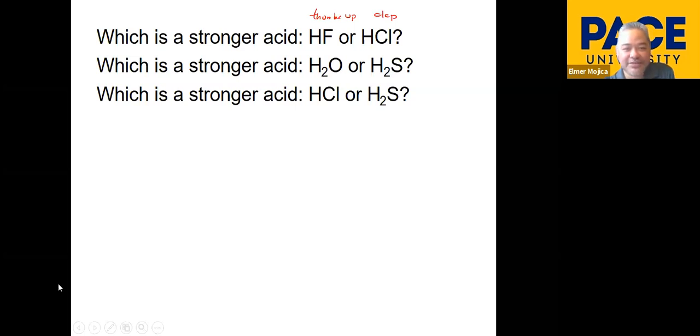It's HCl. Using the same thing, which is a stronger acid, water or H2S? So one is clapping and one is thumbs up. Between H2O and H2S, the main way to compare them is through their location in the group. One is lower compared to the other one. So hydrogen sulfide is the one that is stronger.